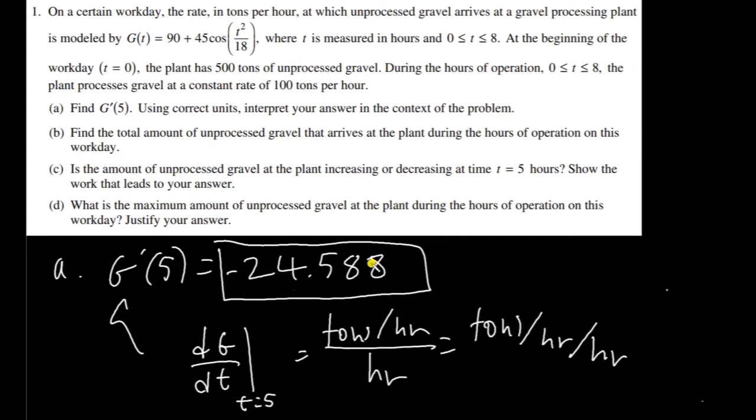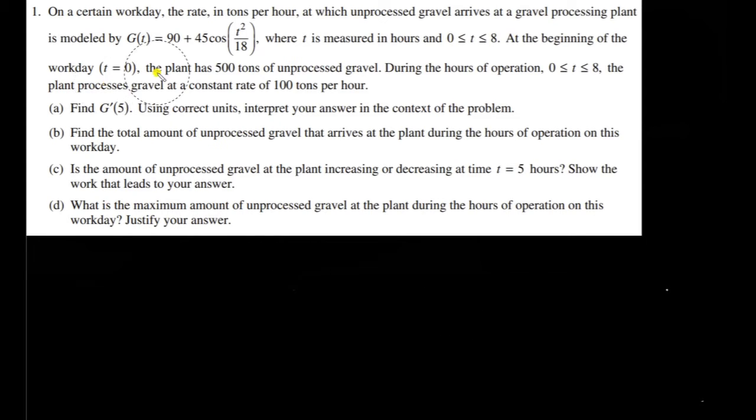Or you can say that the rate of gravel arrival is changing by negative 24.588 tons per hour squared. This was a 2-point question, 1 point for the numerical answer, and 1 point for the explanation with the correct units.